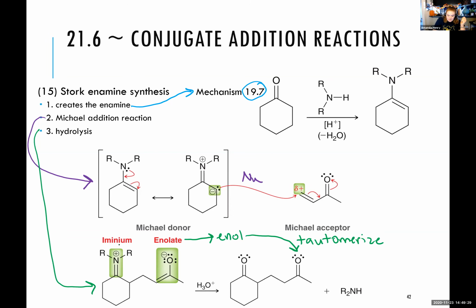But it also turns our enamine, or technically the form that it's in right now is an aminium ion, an enamine with a charge essentially, back into our ketone. And that's actually a reaction we talked about back in chapter 19 too. We learned how to make an enamine, and then we learned how to get the enamine back off of our ketone.